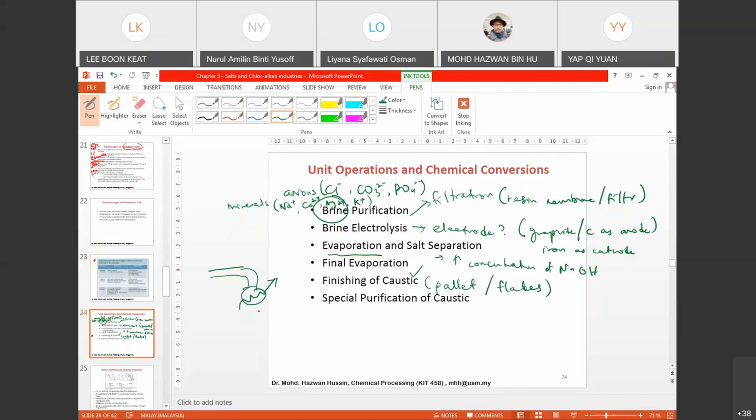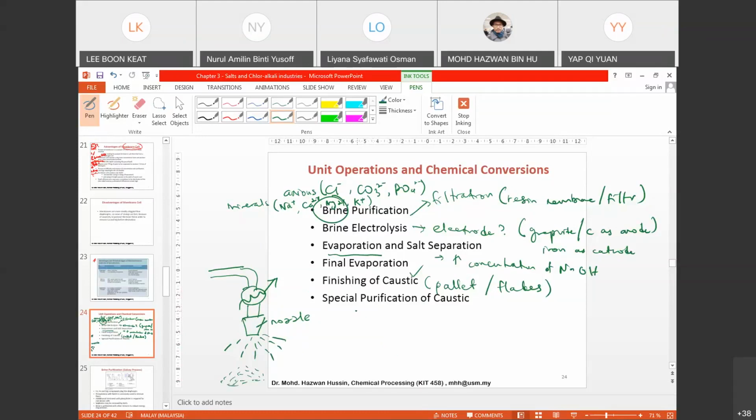When it is heated, you have a nozzle that sprays the solution, and when it dries, it becomes powder, crystal powder, flakes, or whatsoever. So this is how you finish off your caustic product.